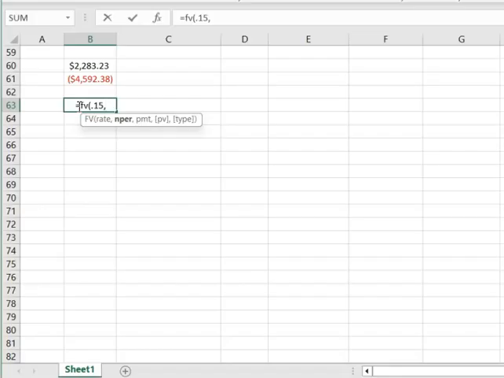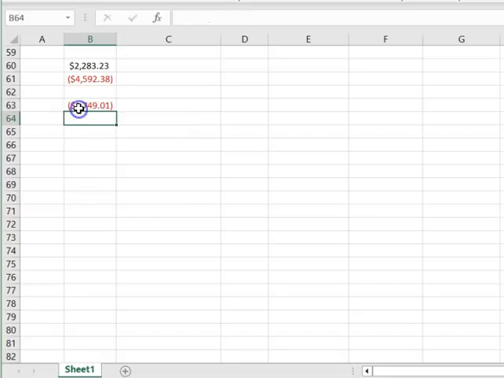So NPER is 4, payment 0, and PV is 1000, correct? Now we have that 1000. We want to see what is the future value of this.